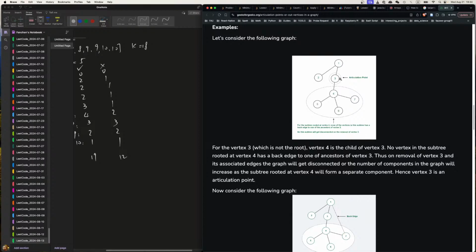No vertex in the subtree rooted at 4 has a back edge to one of the ancestors of vertex 3. Thus, on removal of vertex 3 and its associated edges, the graph will be disconnected and the number of components will increase, as the subtree rooted at vertex 4 will form a separate component. Hence, vertex 3 is an articulation point.